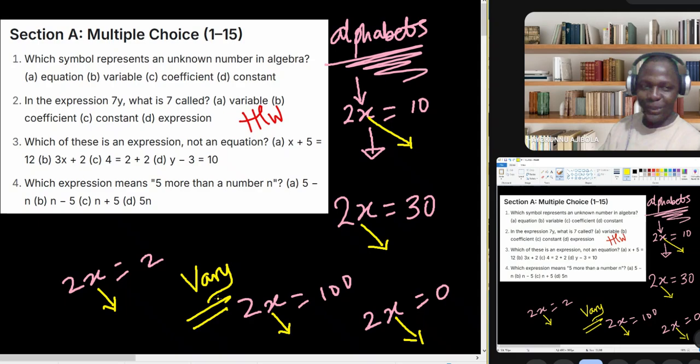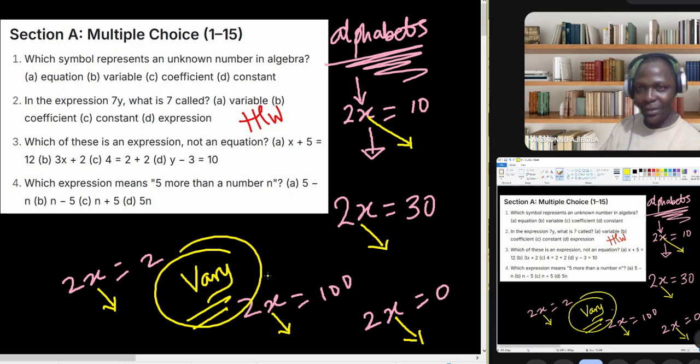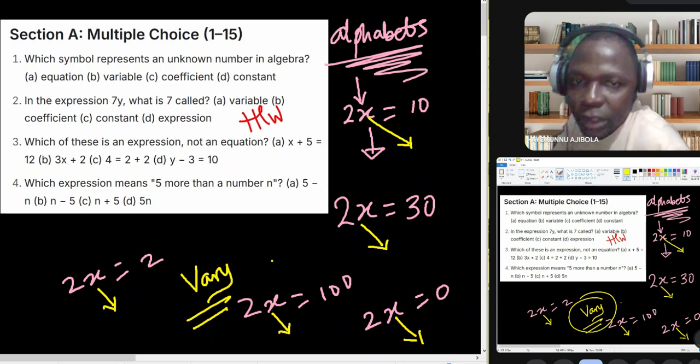They will change. I've written it. Variable. Vary. To vary. What does it mean for something to vary? It means it's not the same, right? Yeah. So can you guess what all the x's are?